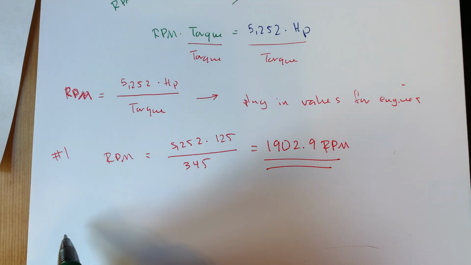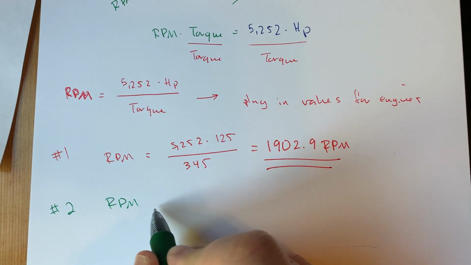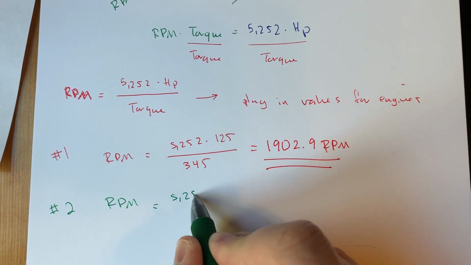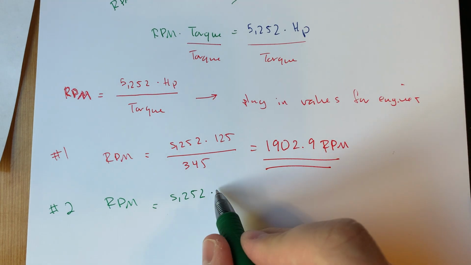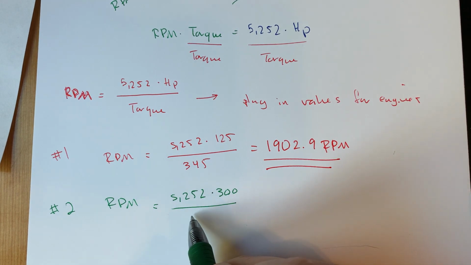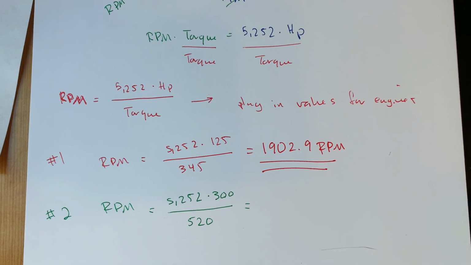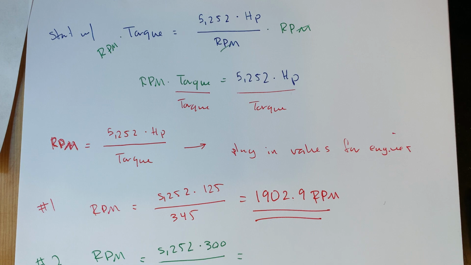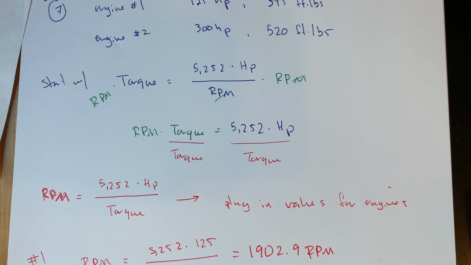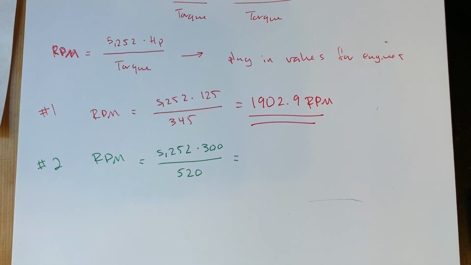Engine number 2. Same basic setup. 5252 times 300 horsepower over 520 foot-pounds. I'm leaving the units off here. The engines are up there a little bit, right? Those are my numbers. So I'm just bringing them down.